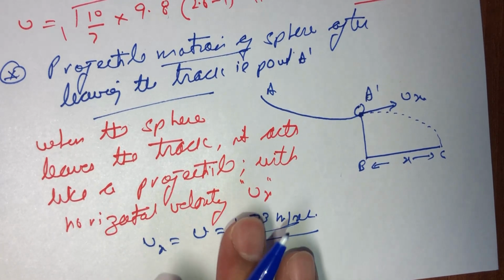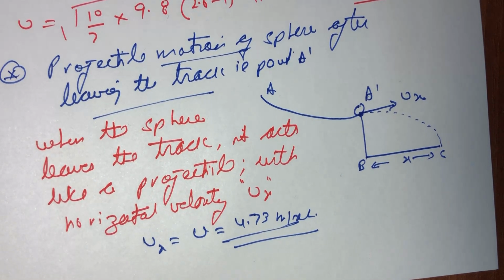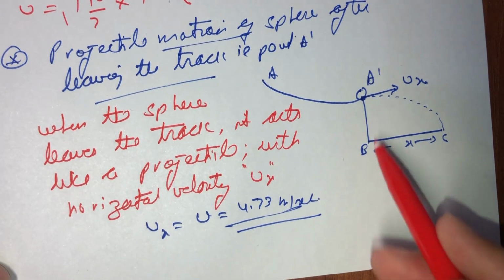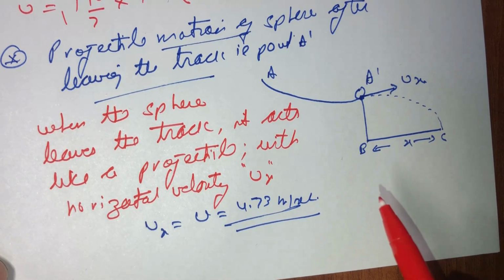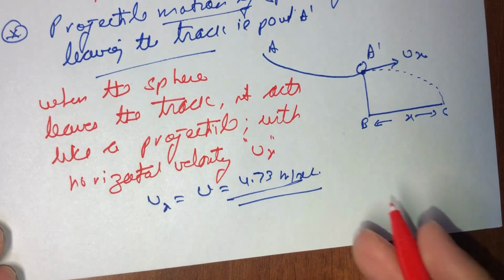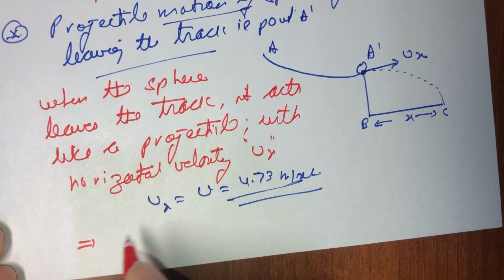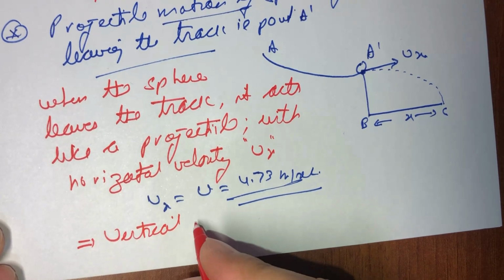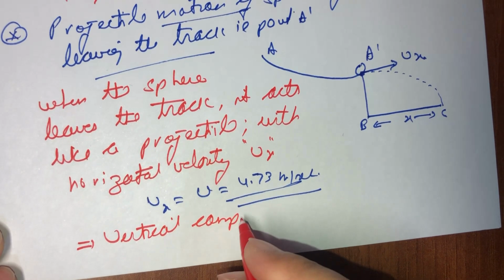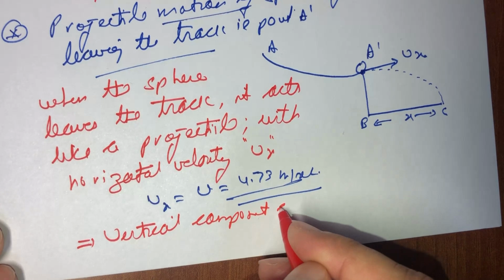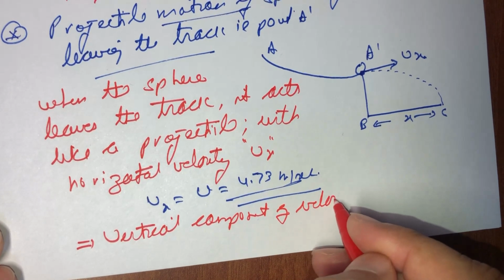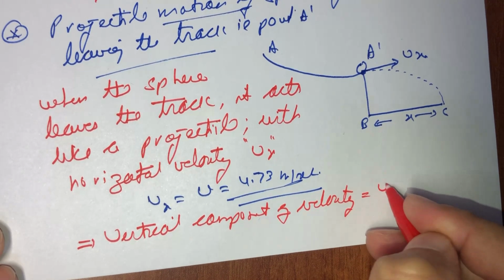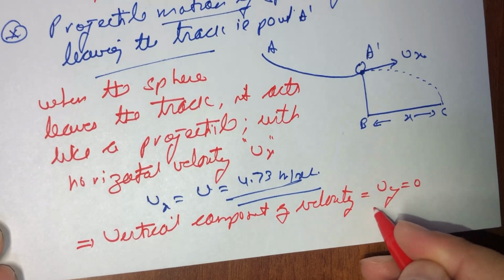And we can also say that the vertical component of the velocity, that is Vy, will be equal to 0.